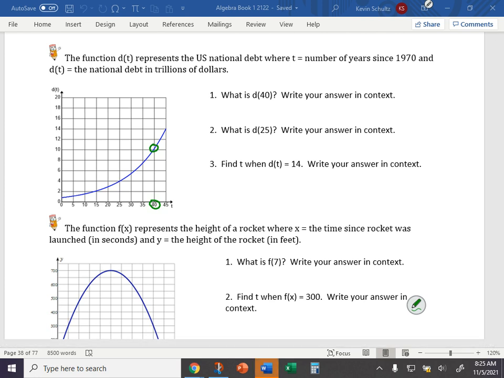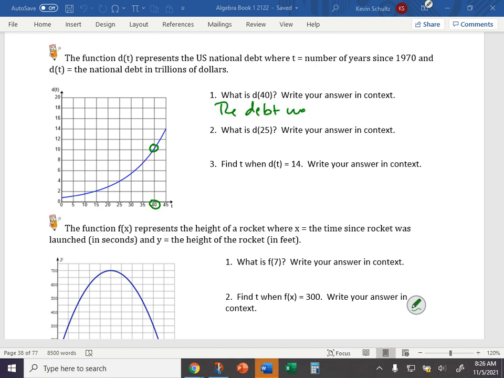So in context, how might we write this? In context. We don't just want to say, y equals 10, right? It doesn't really tell us anything. Kylie? 10 trillion. What was 10 trillion? The debt was 10 trillion. When? 2010. Okay.